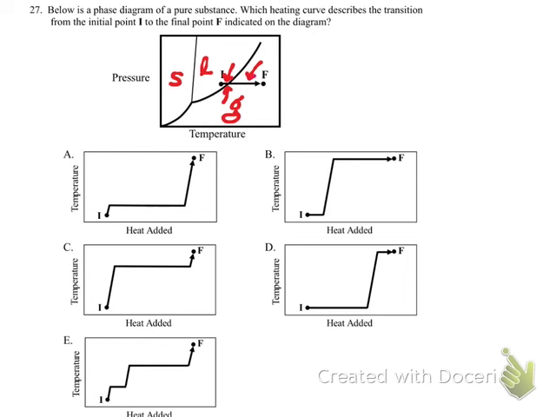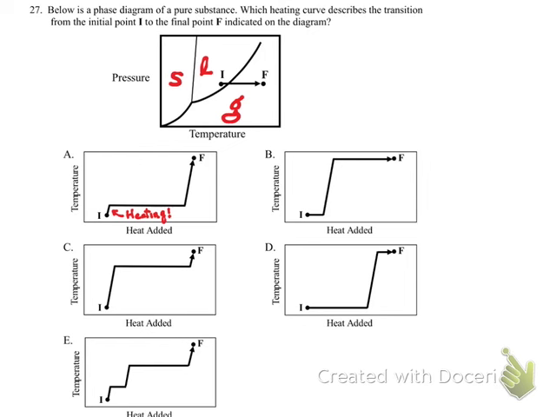So let's see which of these diagrams matches that. In choice A, first, we're heating our liquid a little bit. Cool. Then we get to this point where we're adding in energy.